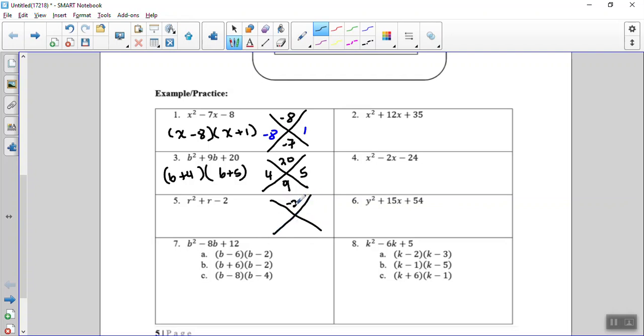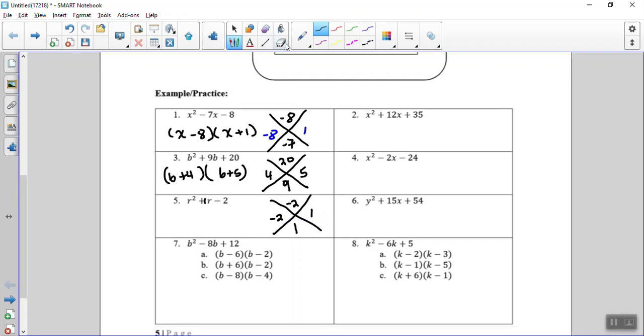Alright, so here I'm going to put negative 2, and then I'm going to put 1, because the coefficient of r is, there's a 1 here. Okay, so I have to multiply two numbers. Negative 2 times 1 is negative 2, and then negative 2 plus 1 is negative 1. That's not what I want.